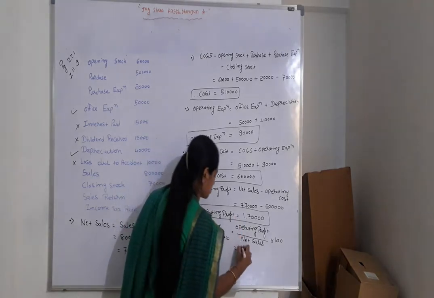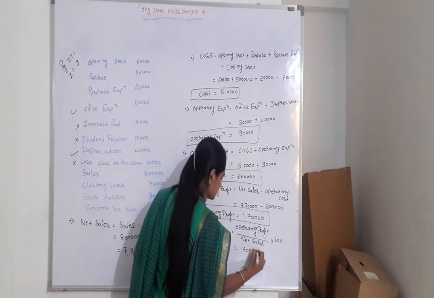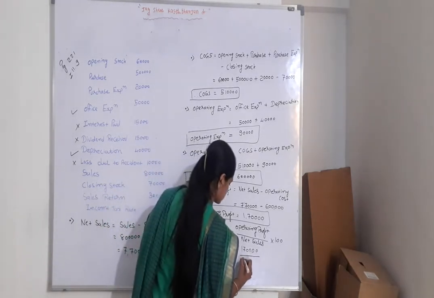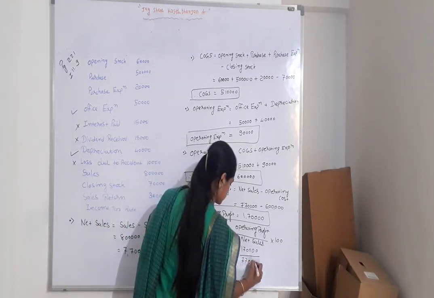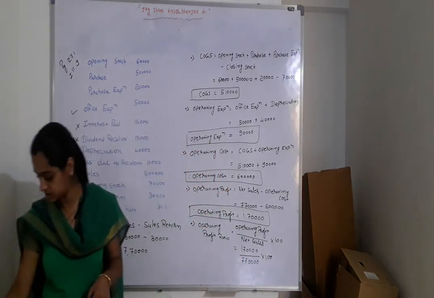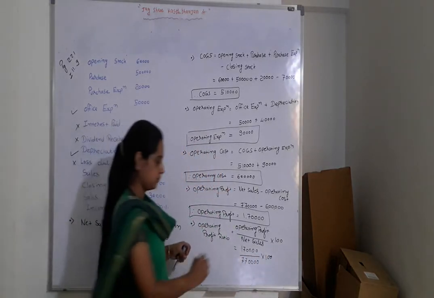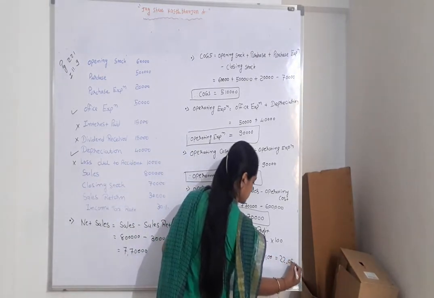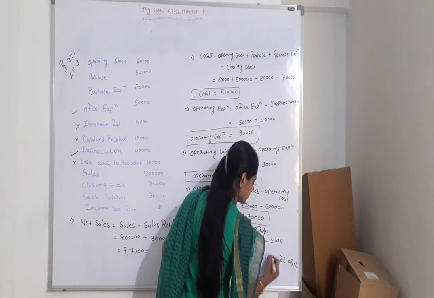Operating profit is 1,70,000 upon 7,70,000 net sales into 100, and our answer is 22.08%.